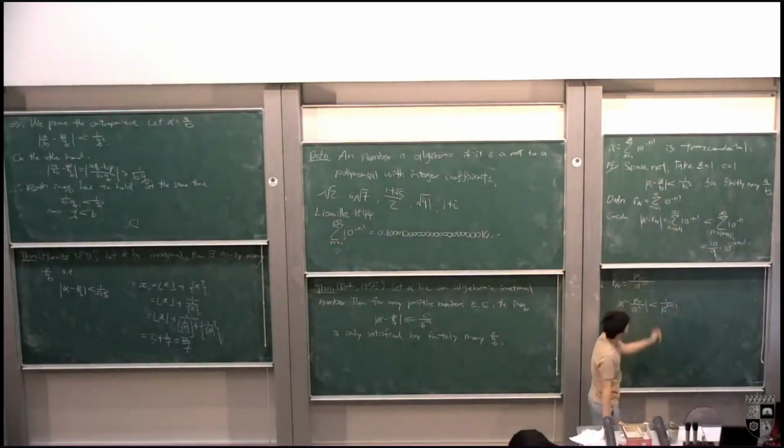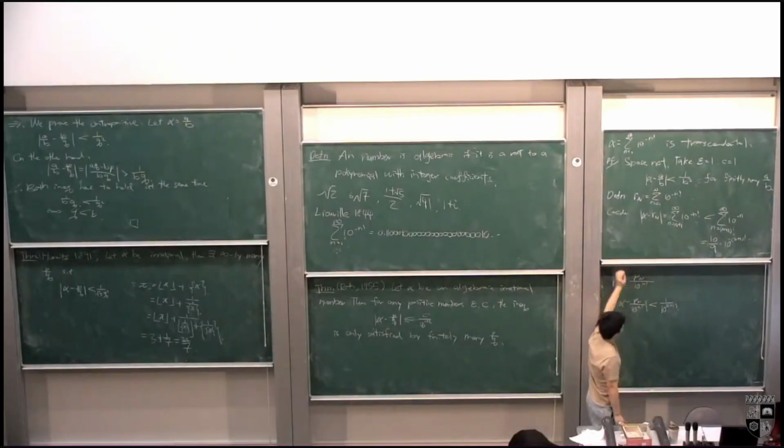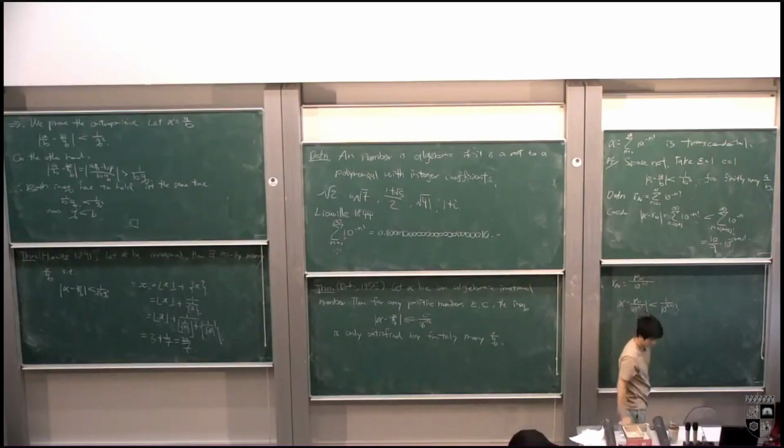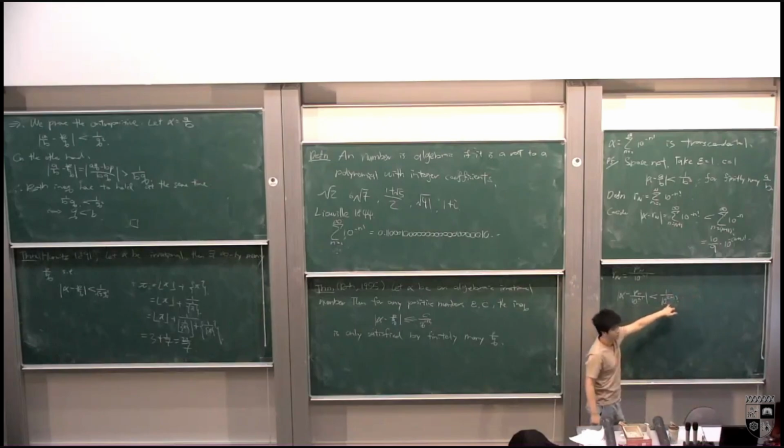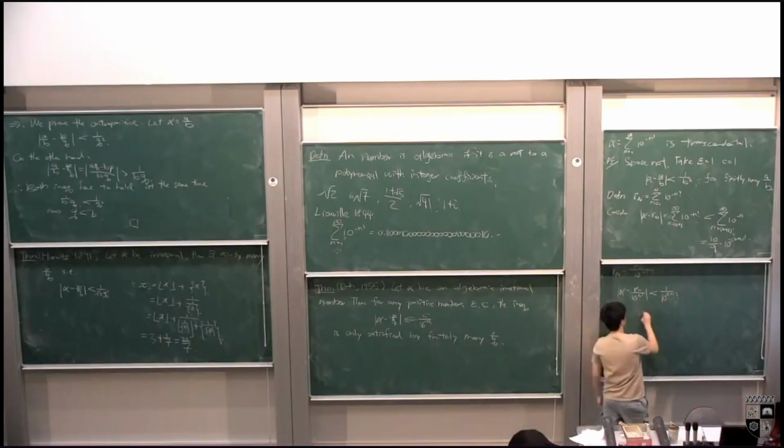Surely it's right. Wait, let me think. Is that right? Minus n plus 1. Yeah. Sure, that's correct. So now we just have to show that this satisfies this bound infinitely often, which it does, because I say so.